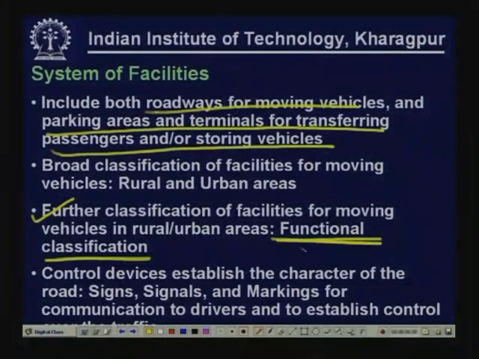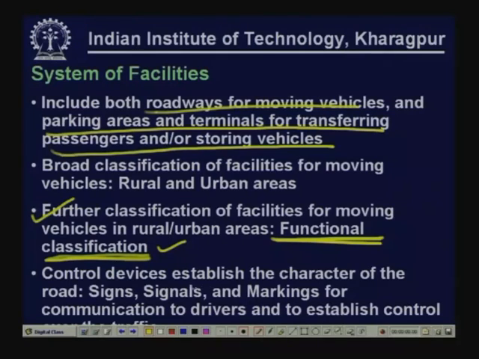We define a hierarchy of roads where in some cases the whole objective is through traffic movement, at the extreme end the whole purpose may be providing access, and there could be other types of roads which serve a combination of both these aspects, some more, some less. So, that functional classification is important. We shall also learn the functional classification in due course of time.